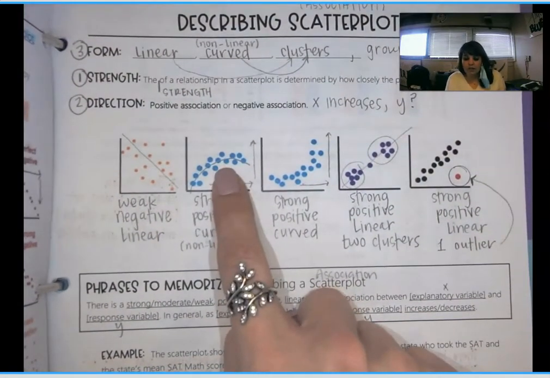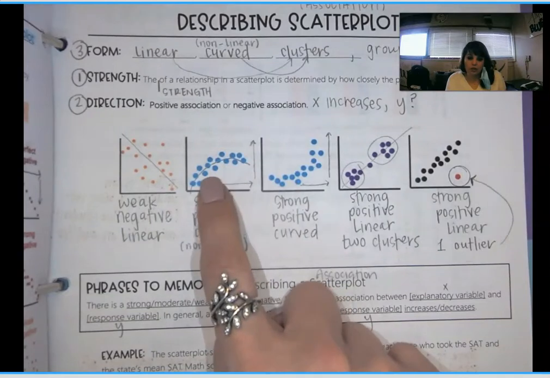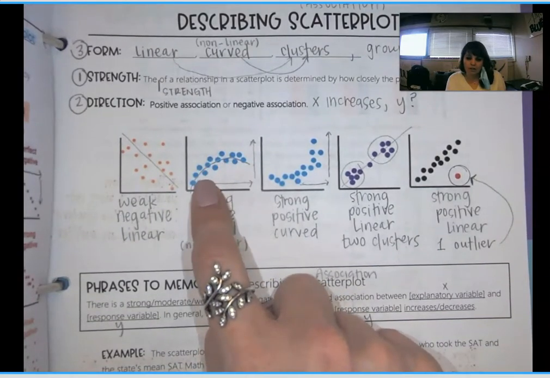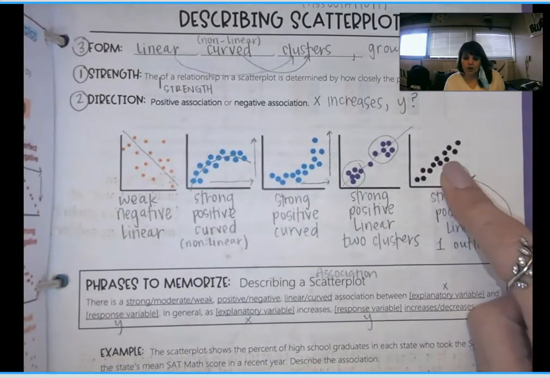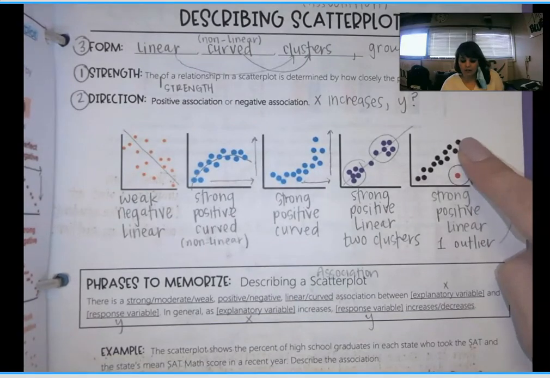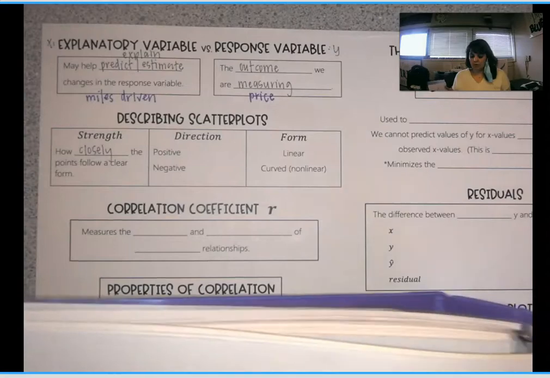Here, this is a very strong relationship because these points are very close to this curved line. This is a strong relationship because these points would be very close to a straight line. There's another example here. I don't know how well I'll be able to show you, but it's these guys.